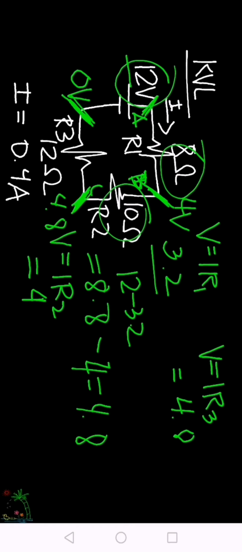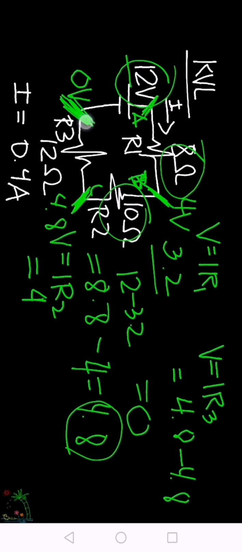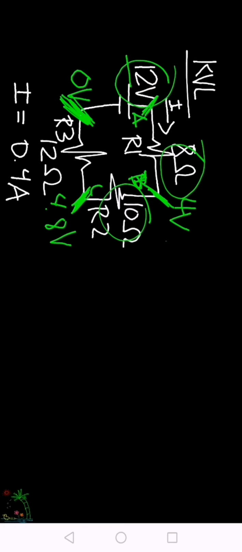And then 4.8 minus 4.8 is 0. So 0 is this point. So we got the correct answer. That is how to calculate the potential difference of each point. But if that is not necessary, then just give the voltage drop.